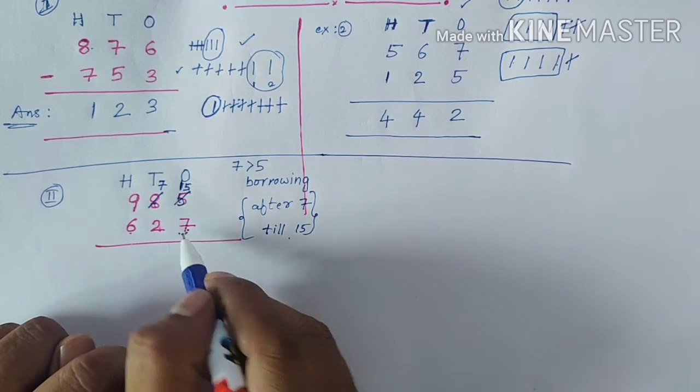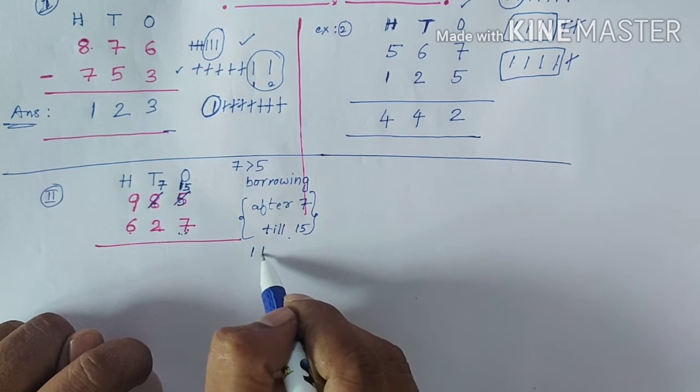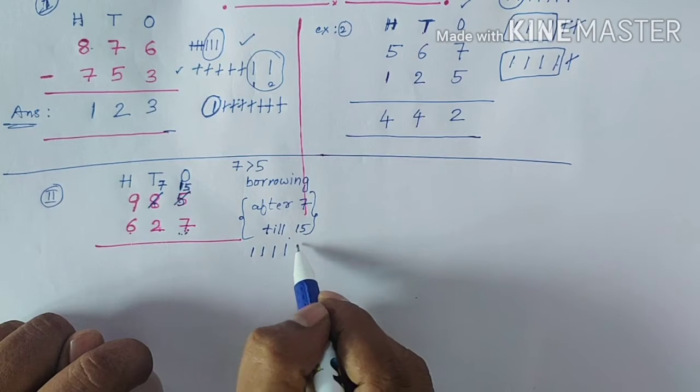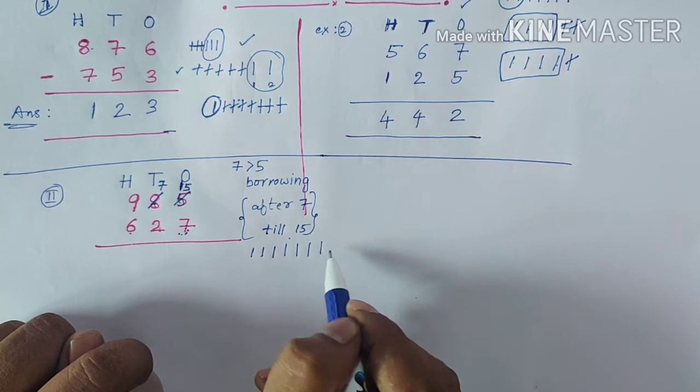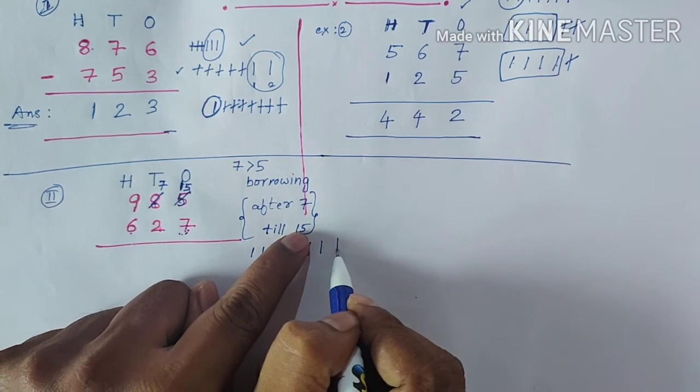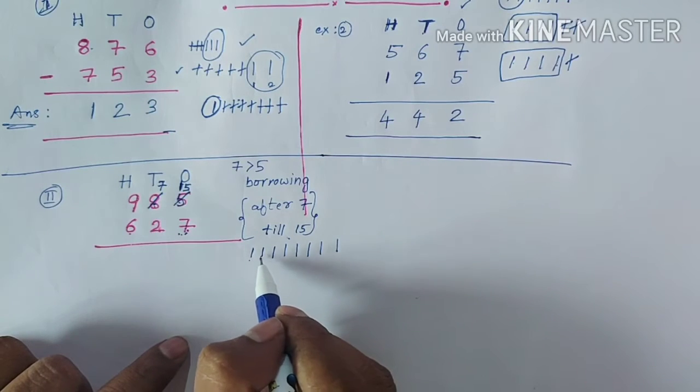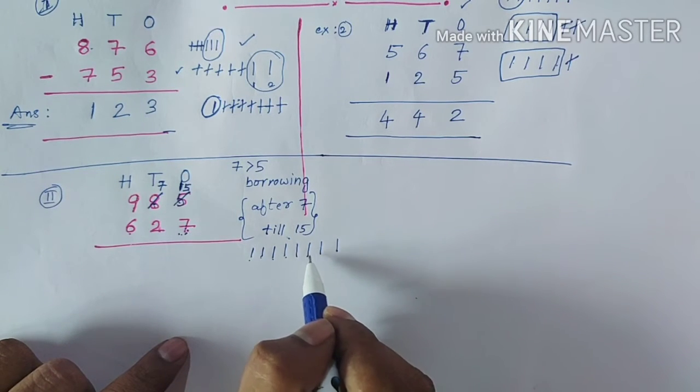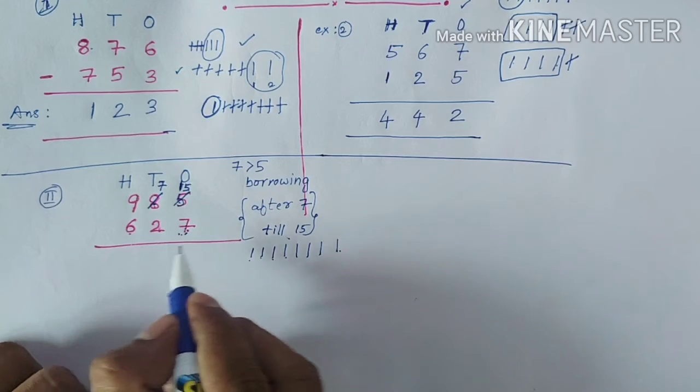So after 7 you get 8, 9, 10, 11, 12, 13, 14, 15. You have to stop at 15. How many lines did you get? 1, 2, 3, 4, 5, 6, 7, 8. That means your answer here is 8.